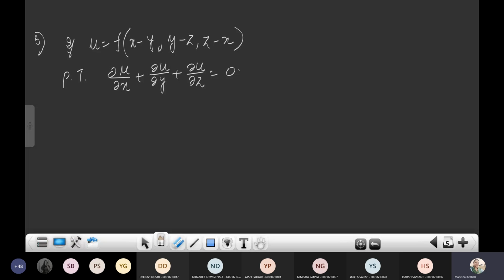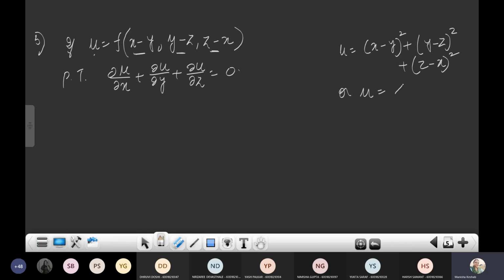Here, if you see, it's saying that this f or u is a function of x minus y, y minus z, and z minus x. That means you can imagine it's a general function. So you can imagine that maybe u is something like this: x minus y whole square plus y minus z whole square plus z minus x whole square, something like this.